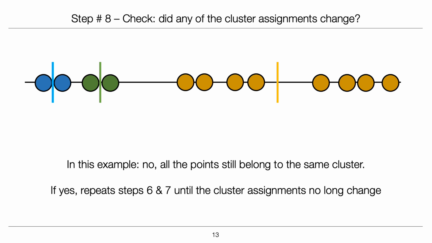In this example, the answer is no. All the data points still belong to the same cluster as in the previous round of assignment. If the answer would have been yes, then we would need to repeat steps 6 and 7 until the cluster assignments no longer change.